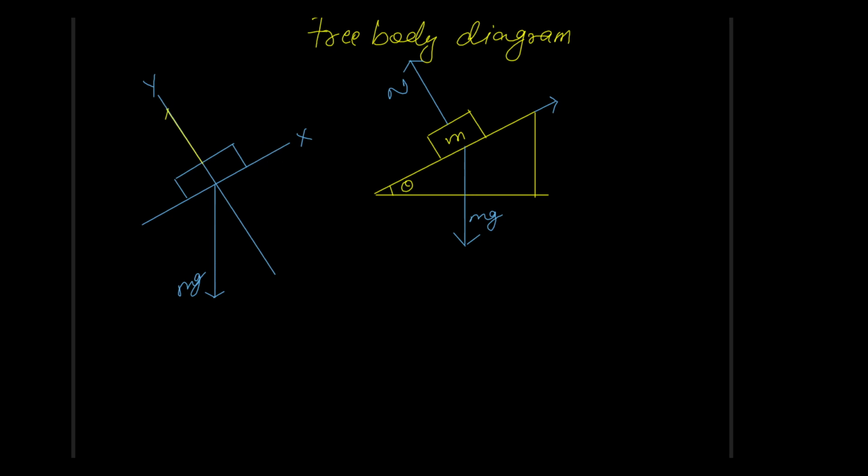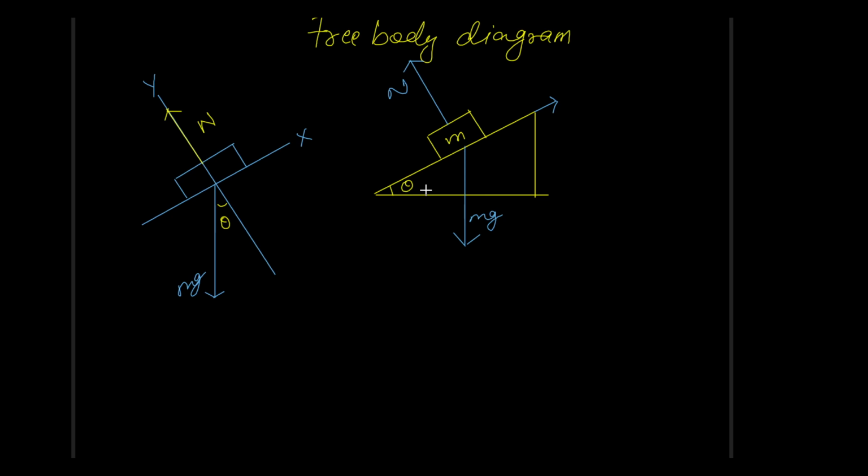In the y-axis you will get your normal force, and I say this angle out here will be equal to theta, the same as this theta. So this you have to understand.